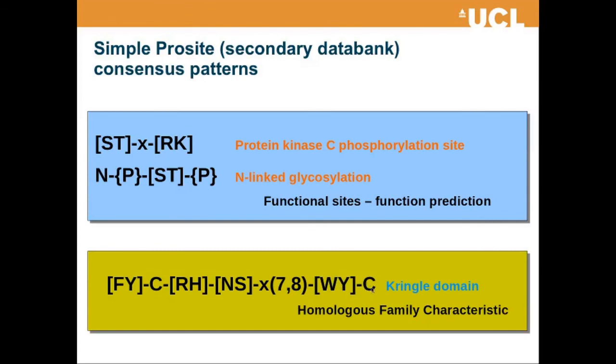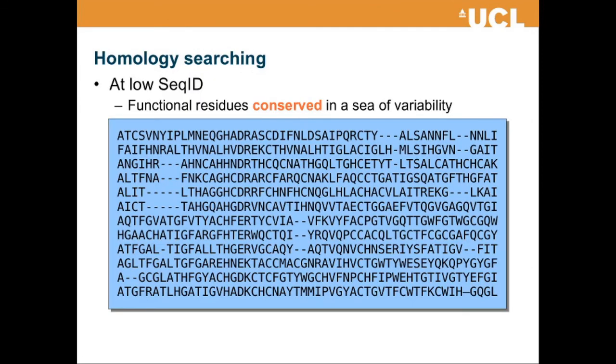And this is a characteristic pattern of a homologous family known as Kringle domains. This kind of pattern allows you to identify a Kringle domain even though there may be an awful lot of variation elsewhere in the sequence, which makes it difficult to search and identify just using sequence identity or sequence similarity or the e-values that are derived from those.